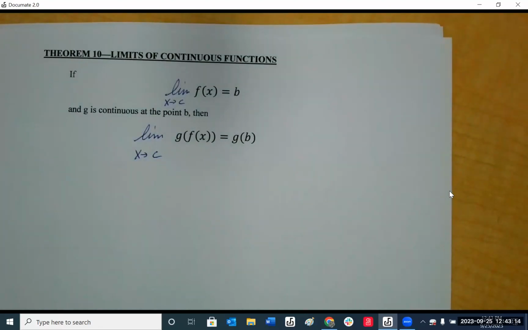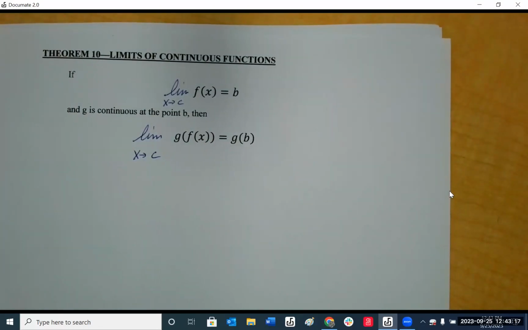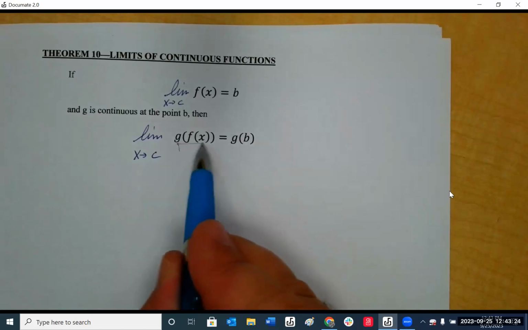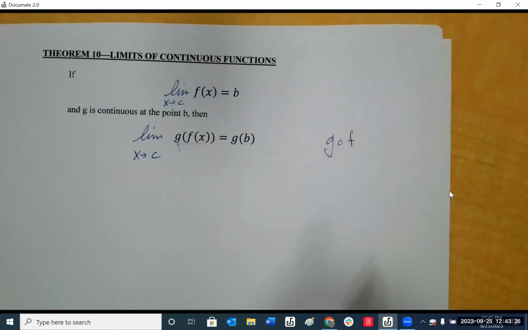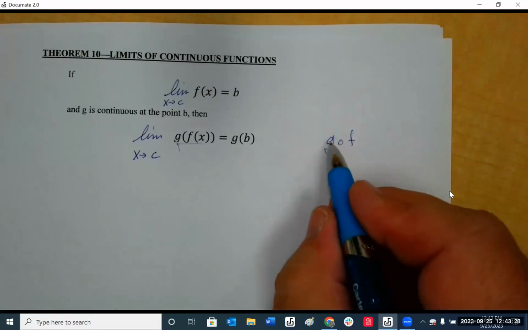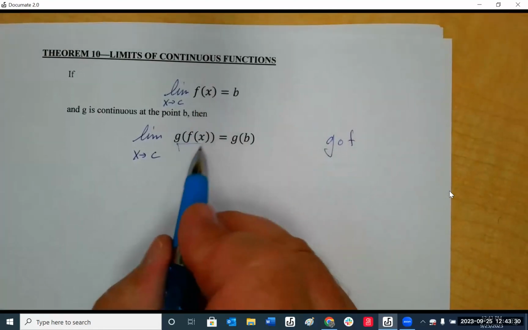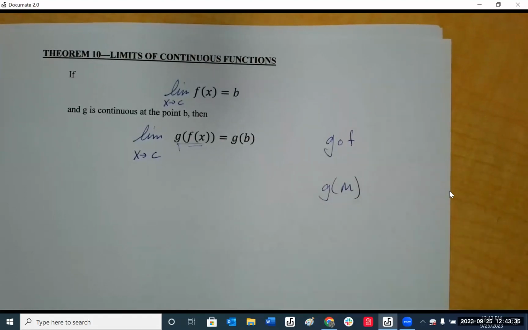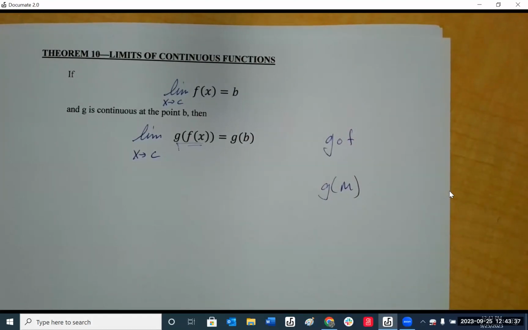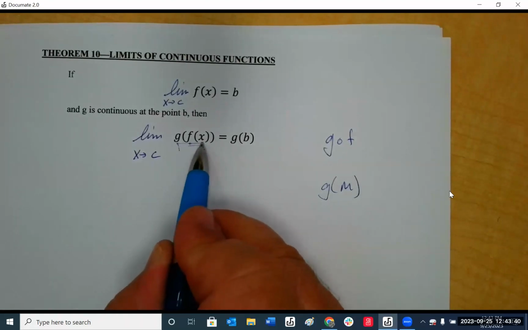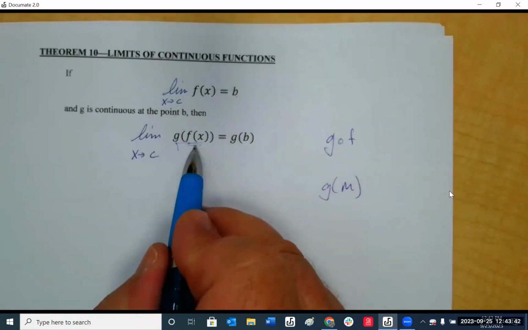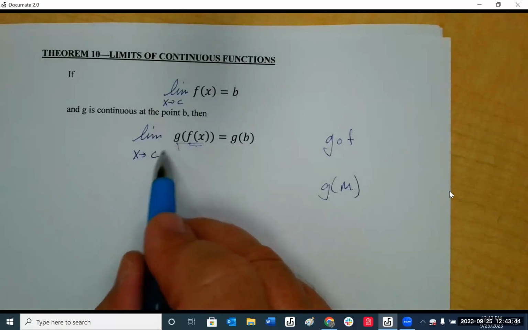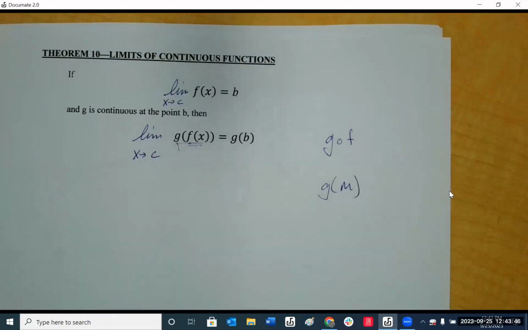Well, this is what we just said of the composite functions. If we take the limit of the inside, remember the way I did it was I used the L and M. So the limit of f of x is that. That's the input for the g of x.